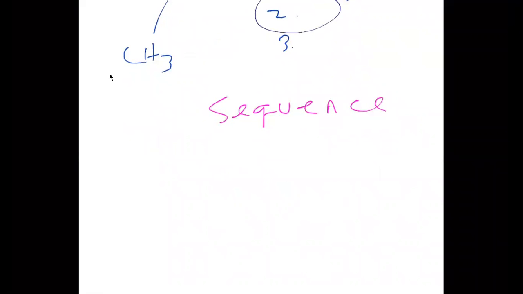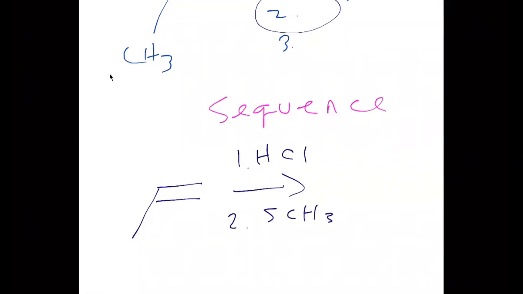So let's say I want to take this, and then I'm going to do in step one HCl, and then in step two I'm going to do OCH3 minus.